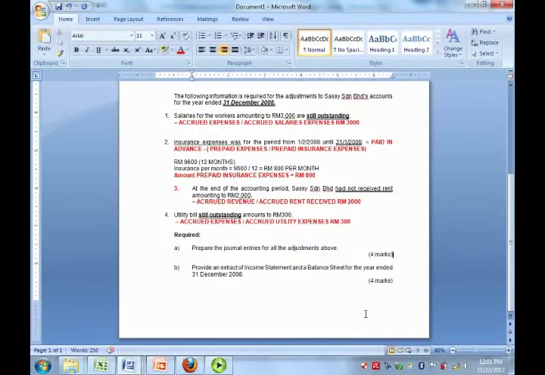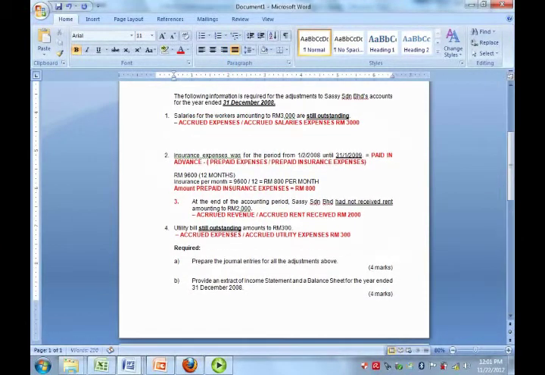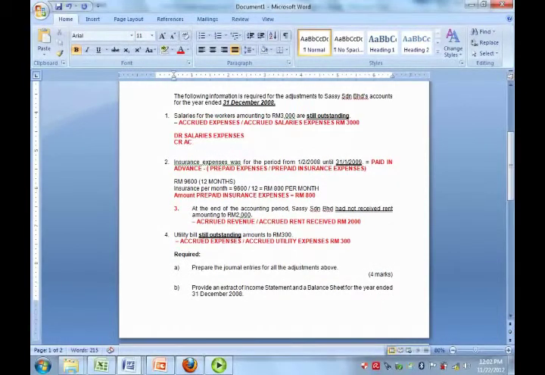First, as you can see in your salary, can I know what is the journal entries? You need to identify debit or credit. So, first, from question information number 1, you can put the answer here, right? So, in terms of if accrued expenses, accrued salary expenses, is it current asset or current liabilities? Current liabilities. Automatically, class, you can debit your salary expenses and credit your accrued salary expenses.